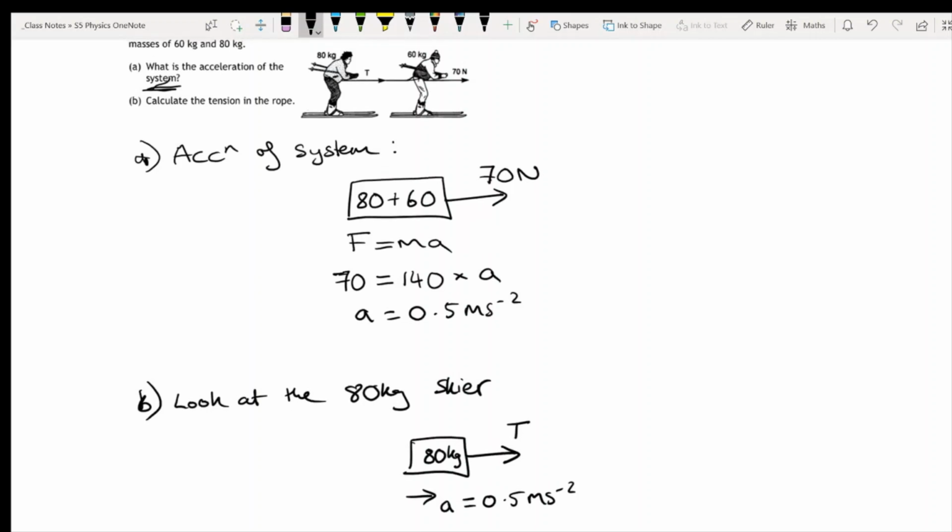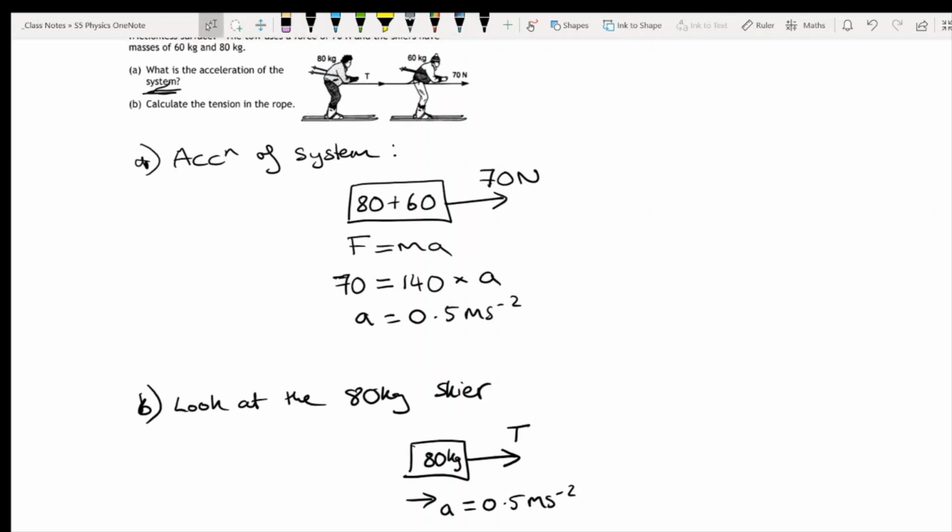You could use 60 kg, but you'd also have the force pointing in the opposite direction. So for the 60 kg one, you would have the tension pointing in this direction. So you have 0 minus 70.